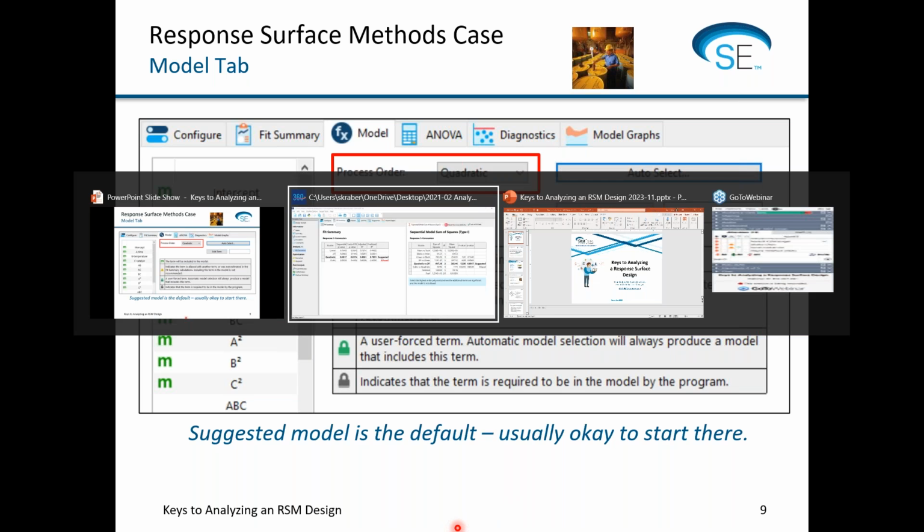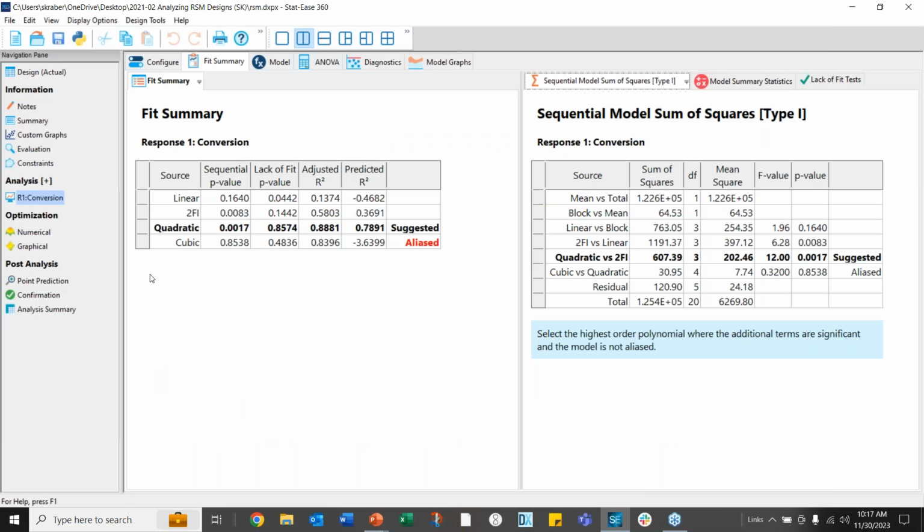Okay, so after we look at the fit summary and we notice that the software has suggested a model, it has an algorithm in here that compares the p-values, the lack of fit, and the R-squareds, and takes into account if the model's aliased, and it will produce a suggested model to you.